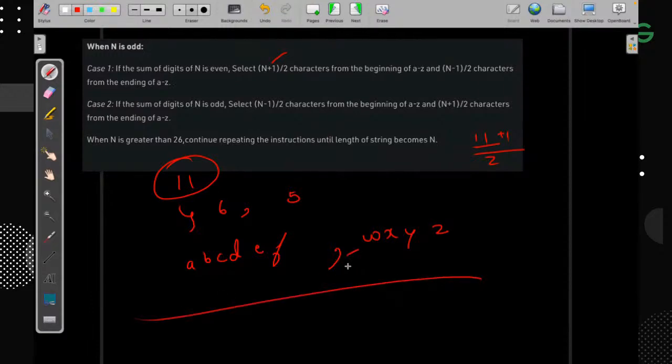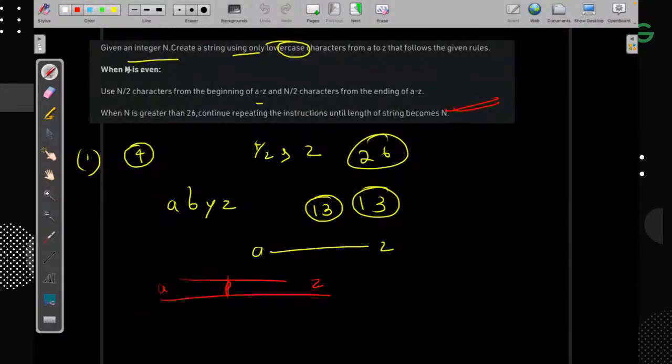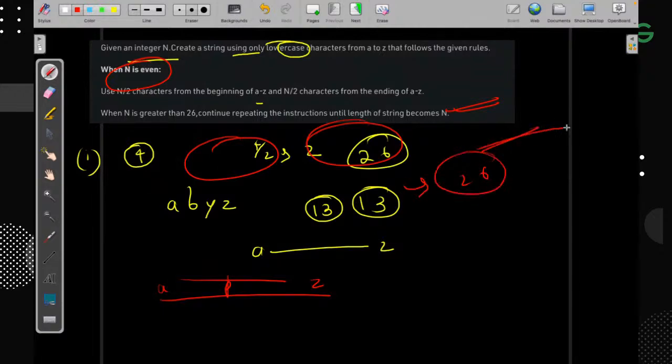Just add one more character over here. Okay, and this is fine. So basically you need to do this. And if the number is more than 26, then it is fine. That means 26 would be even: first 13 characters plus last 13 characters, which would be the whole 26 characters.